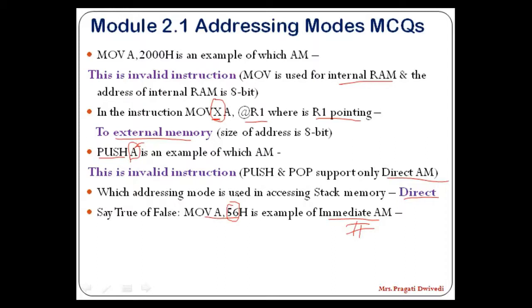What is the right option for MOV A, 56H? It is direct addressing mode. 56 is the address of the memory location. You go to that location and whatever is present there, you move it into the accumulator. So definitely this is false because there is no hash here.